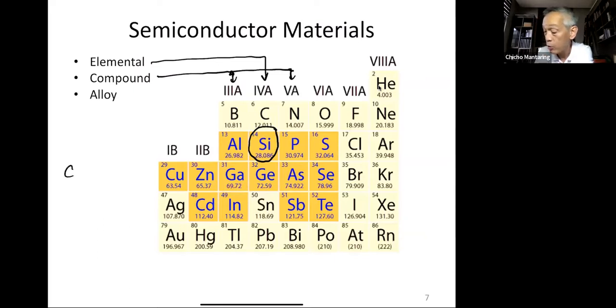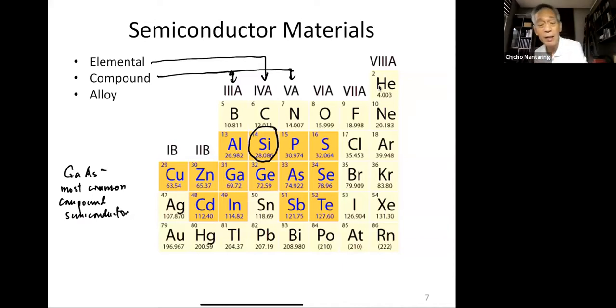Gallium arsenide is the most common compound semiconductor. And then you also have alloy semiconductors, although they are not as common as elemental or compound semiconductors.